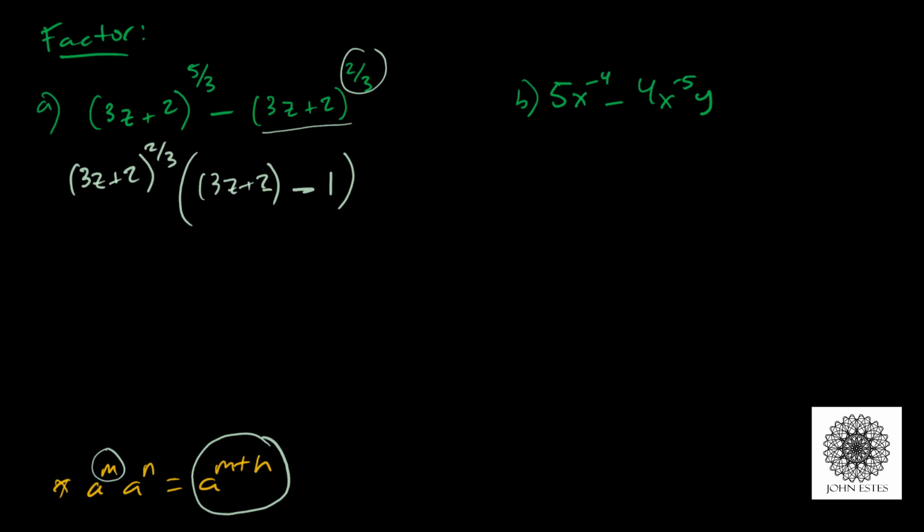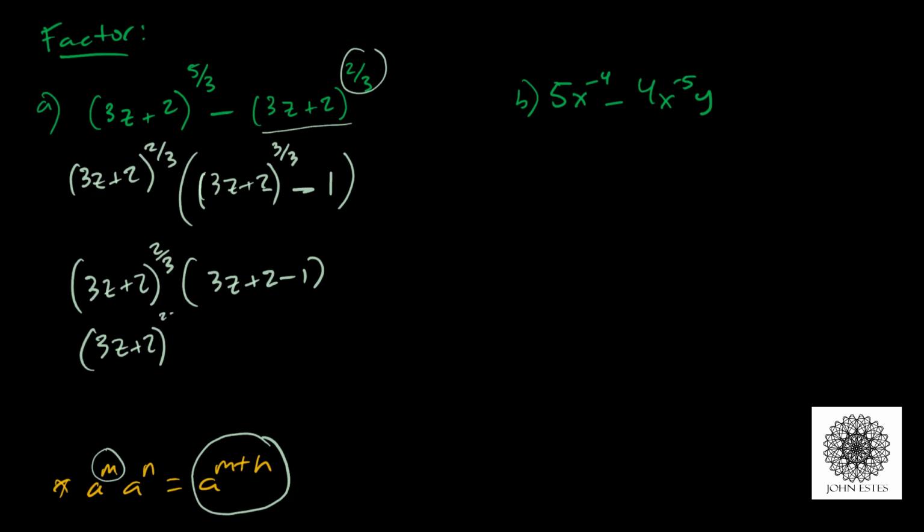That would be 3/3, which works out very nicely, because the 3/3 power is just the first power. So I end up with (3z plus 2) to the 2/3 power times (3z plus 2 minus 1). Finally, that's (3z plus 2) to the 2/3 power times (3z plus, well, 2 minus 1 just gives me 1). And there it is, factored.